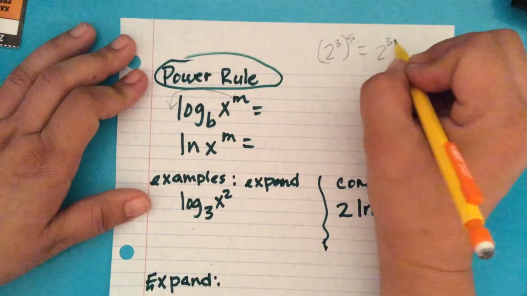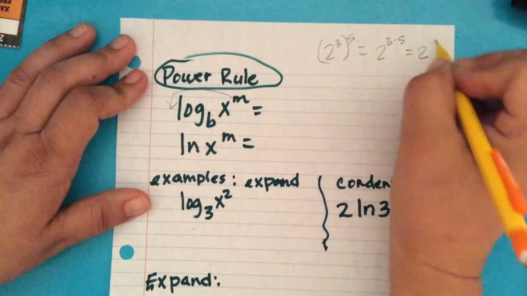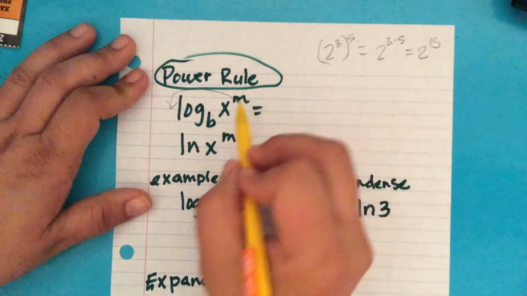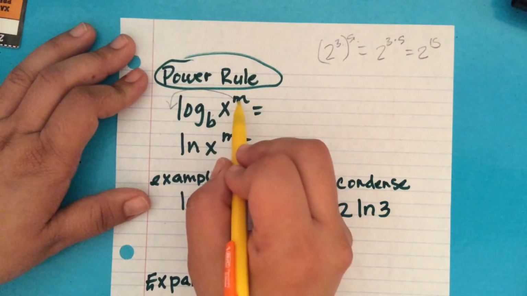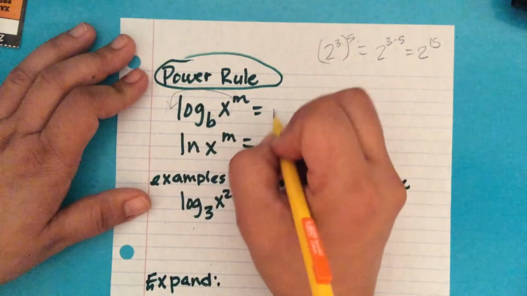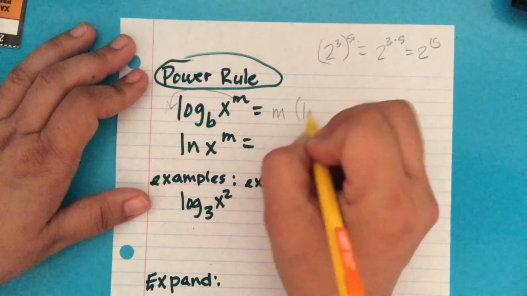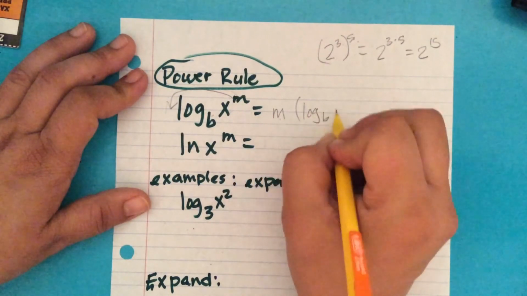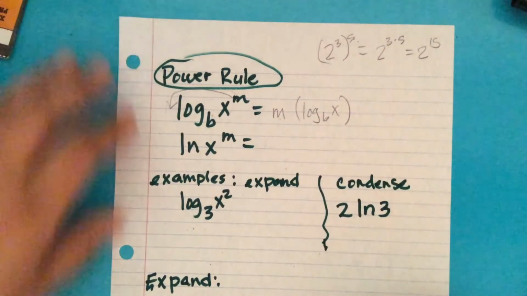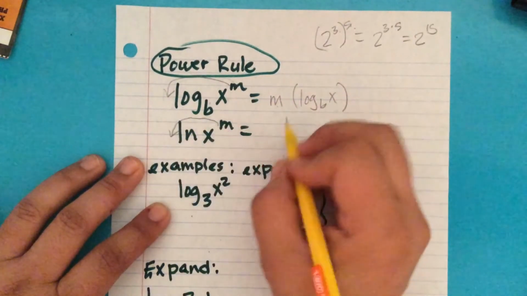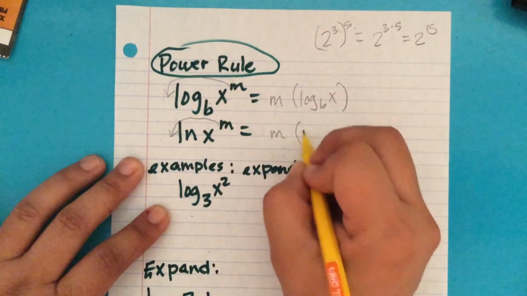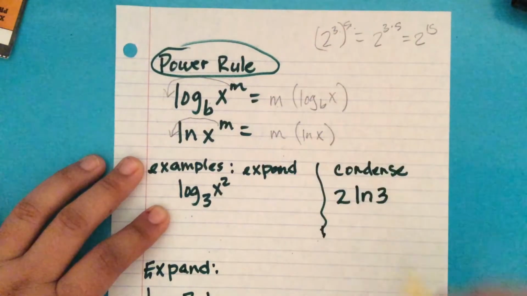So 3 times 5, that's going to be 2 to the 15th. So if you have log base b of x to a power, you're going to come back over here and multiply m times the log base b of x. Okay, so same thing here. You're going to bring it to the front and multiply the m with the natural log of x.